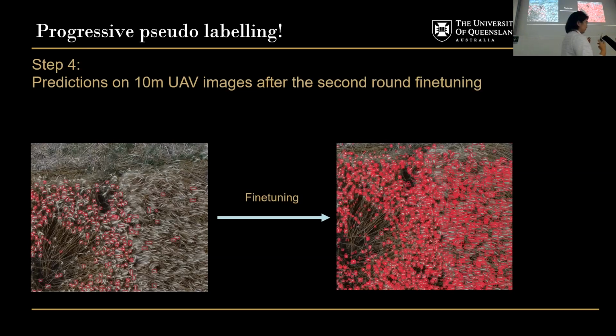After the first round of fine-tuning, we can already see significant improvement from the very beginning. So it came to us, why can't we just fine-tune it again? We just do the pseudo labeling and fine-tune again. And now we can see that our model has been improved again, and most of the wheat heads from 10 meters high can be successfully detected.